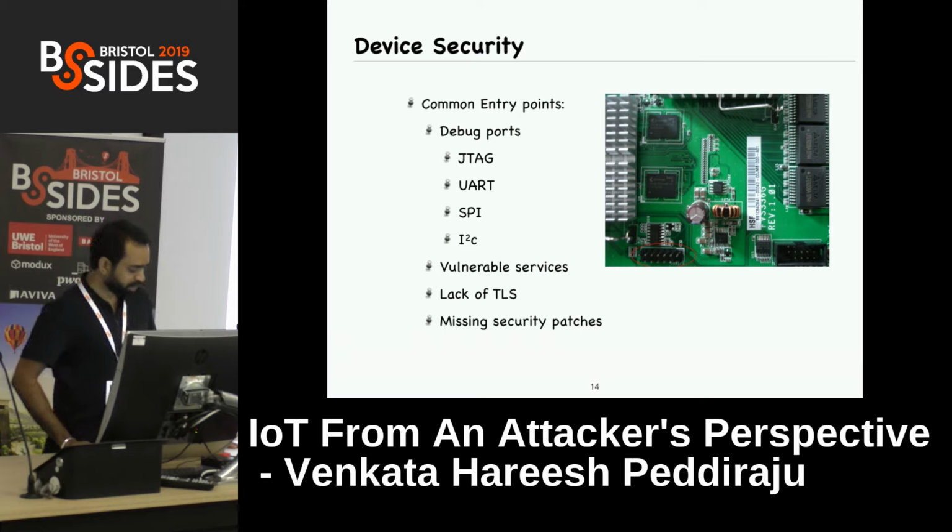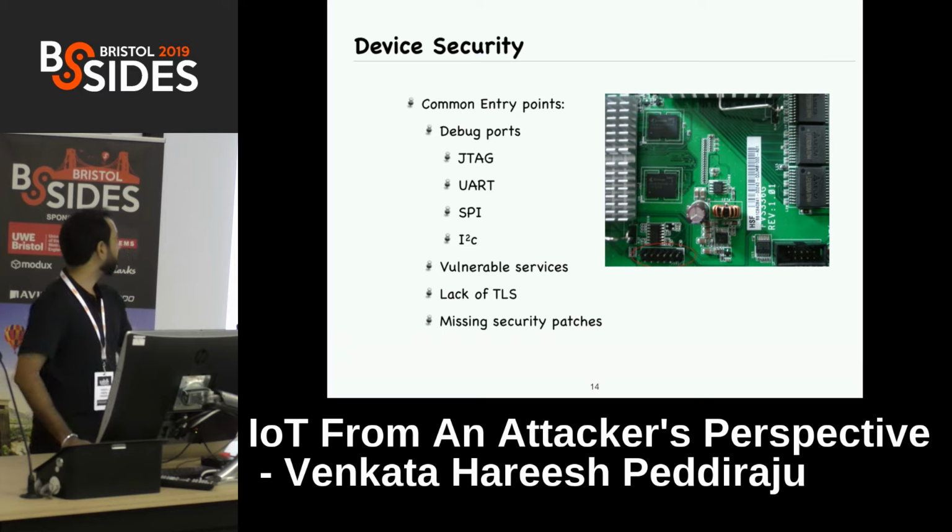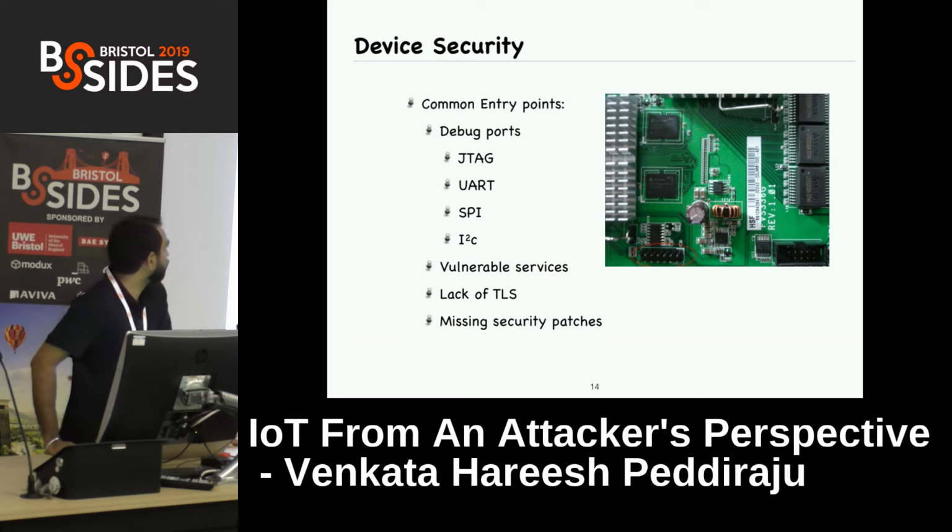So moving on to device security, to carry out a physical attack, you would require physical access, right? Physical access means that you need to connect to the board via one of these debug ports. It can be a JTAG, UART, SPI, or I2C.